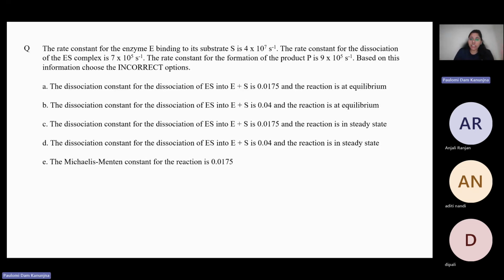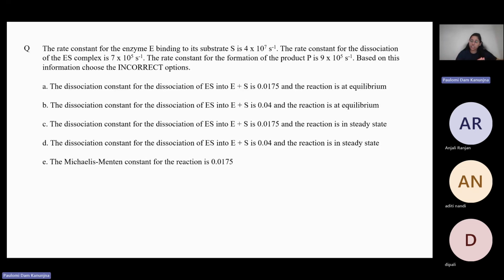Now, based on this information, you have these 5 options, which talk about the dissociation constant and Michaelis-Menten constant. My suggestion, try to solve both values and then come back and answer which of these is incorrect.